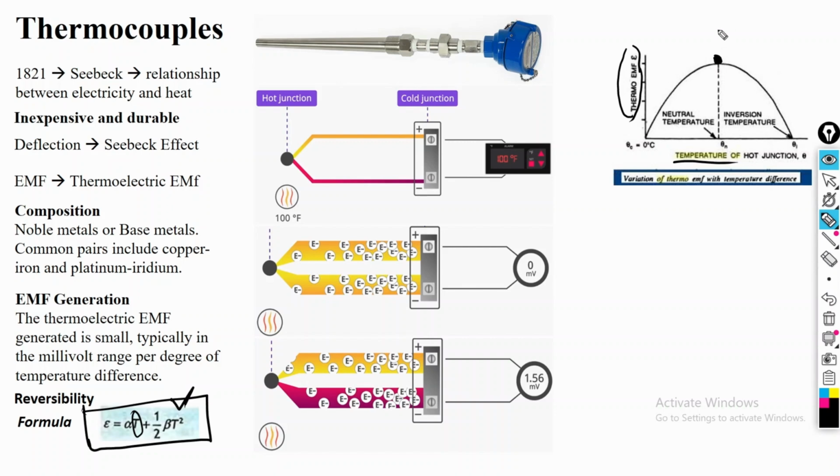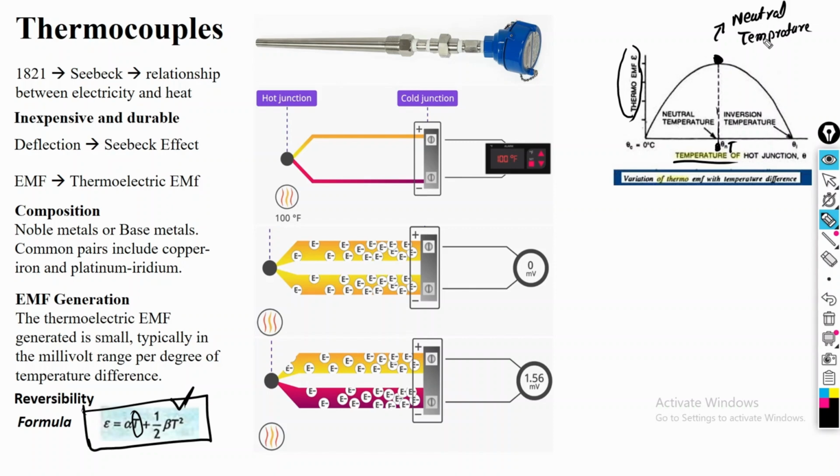This point is called the neutral point, and the temperature at this point is called the neutral temperature. Neutral temperature is the temperature at which the pair of metals shows the maximum thermoelectric EMF.